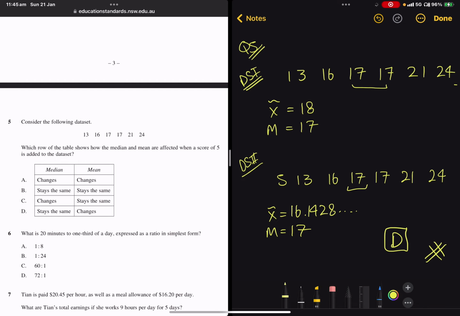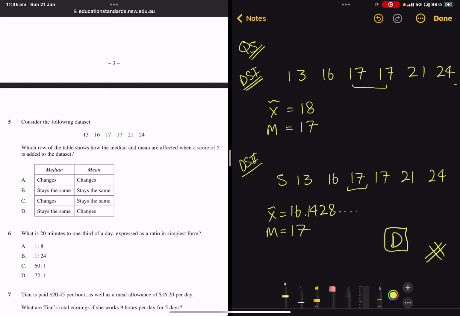And you didn't actually have to calculate these. You should be able to calculate these fast enough for this to be entirely viable. But just by looking at what happens, you can see the median remains the same. And whenever you take a data set and you add extra values to it that are lower than the mean, the mean of the new data set is lower.